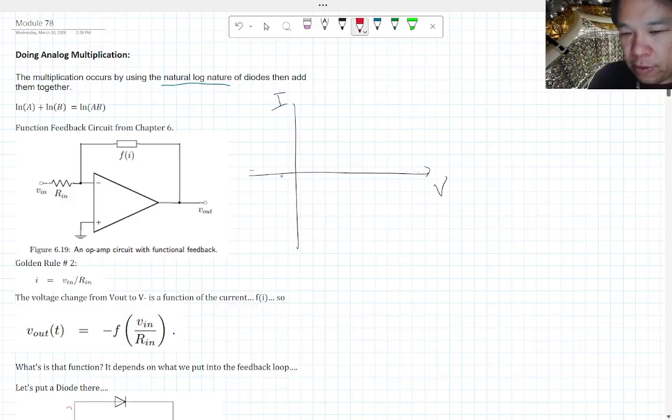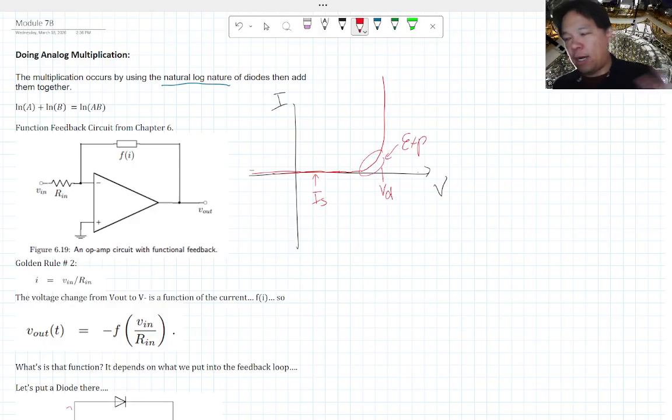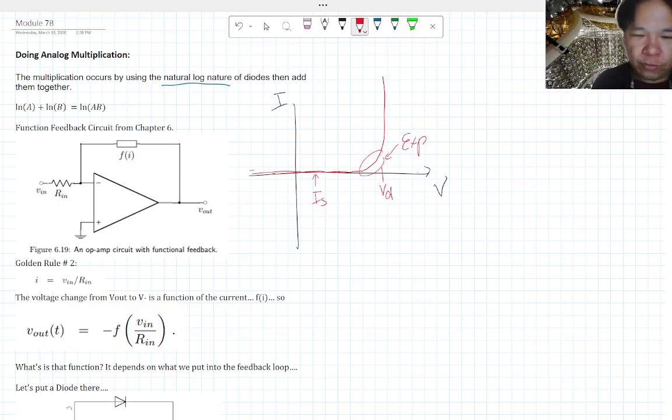Remember this for a diode. It's not 0, it's actually the saturation current, and then it turns on like this, around the diode voltage. But in this part, this is an exponential, using the diode law that we talked about in chapter 3, I think.